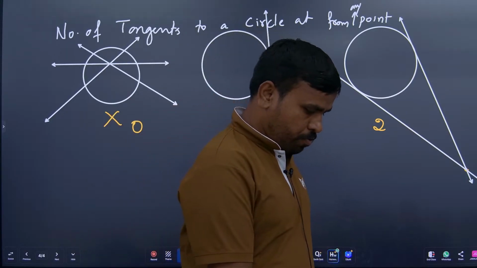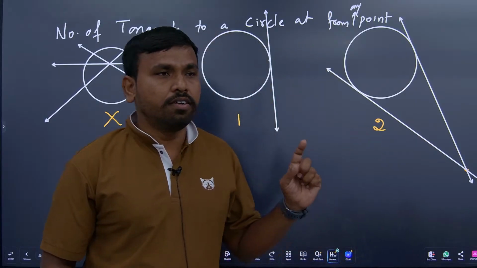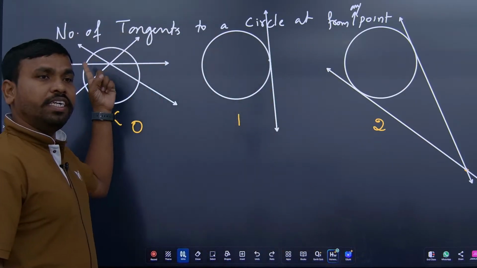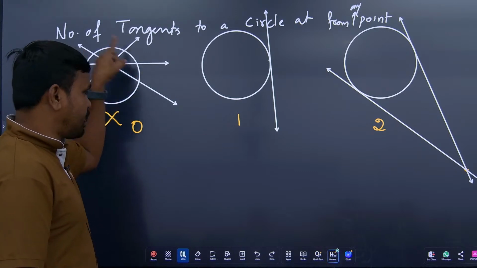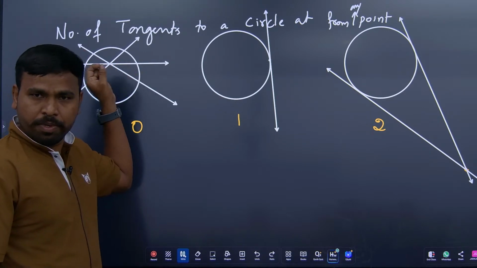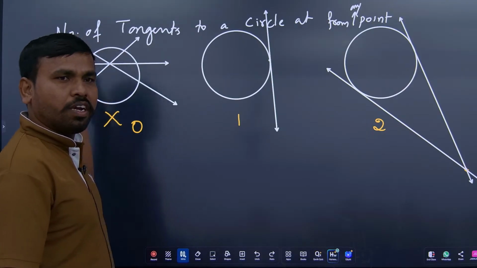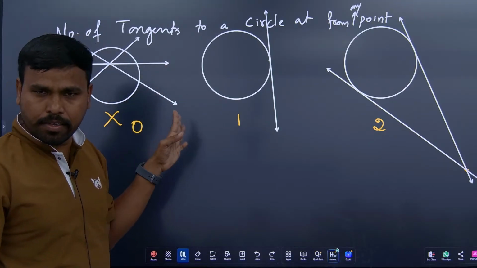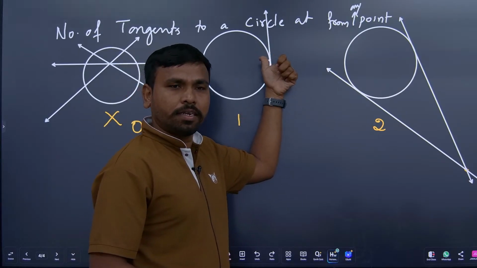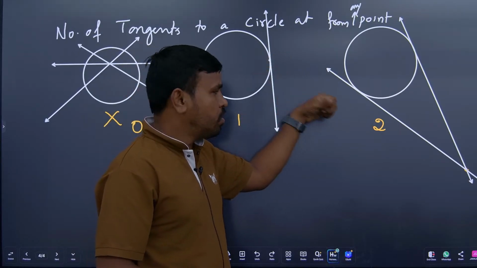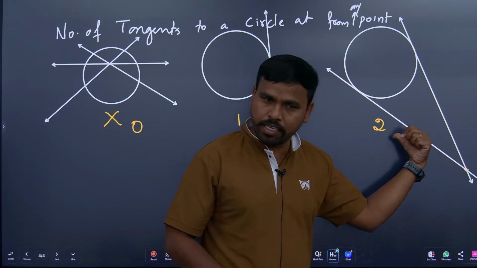From here, we can say there is no tangent to a circle from an interior point. If you choose any point inside the circle, we can't draw any tangent from it. A point on the circle, at most 1 tangent, and a point outside the circle, 2 tangents.